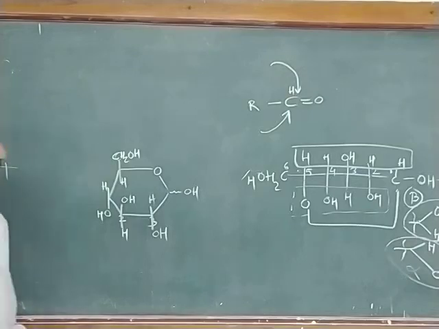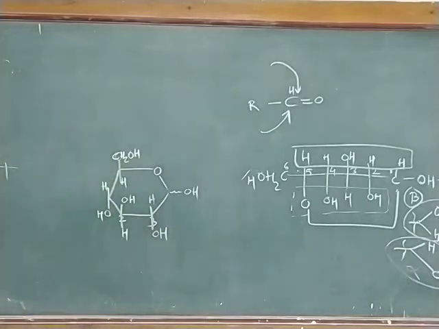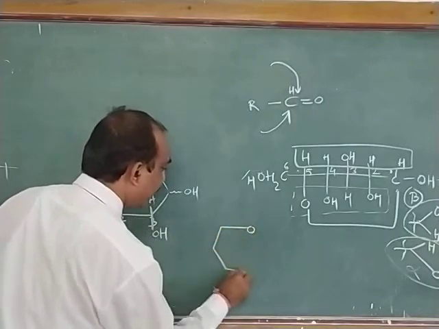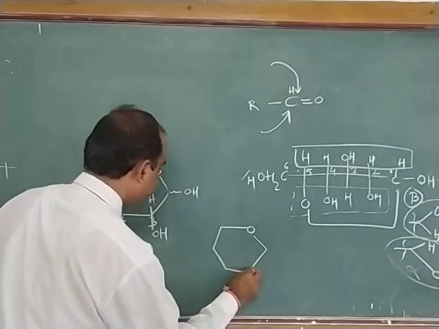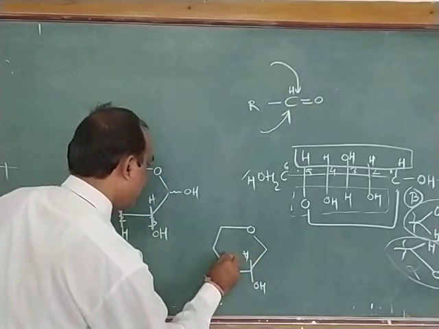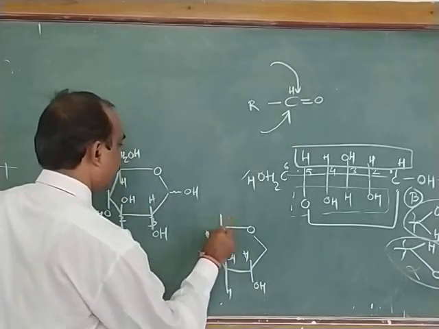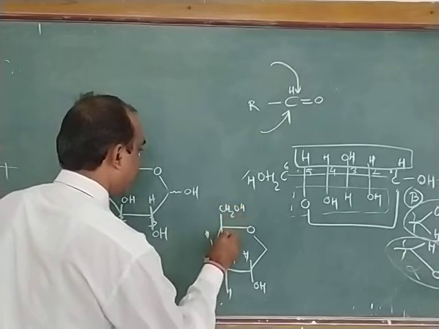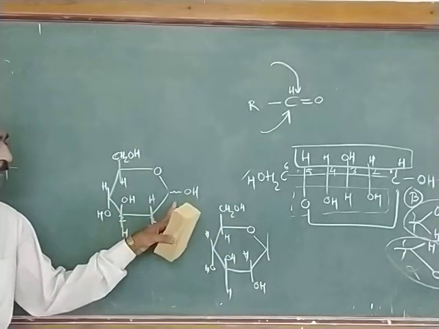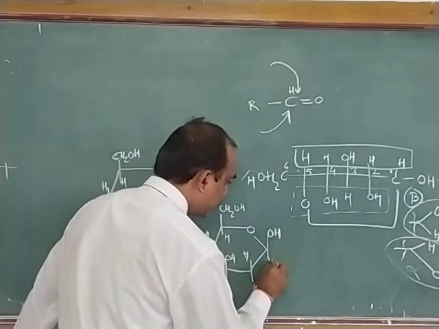Okay, so in this case, I will write one more structure. The same structure I am drawing, only the difference I am going to tell over here. So here is the OH, here is the H, OH, H, OH, hydrogen, CH2OH, and the H. Here I showed it with the wedge line, but here I am showing this hydroxy at the top, and here is the hydrogen.